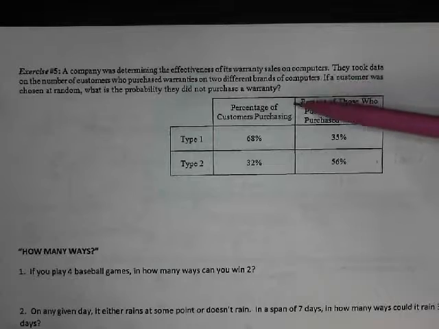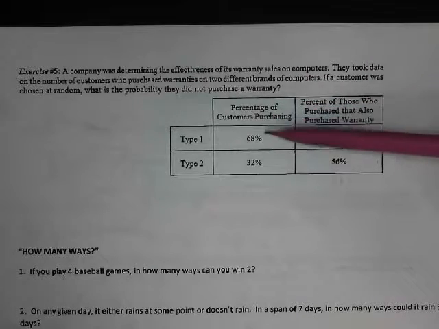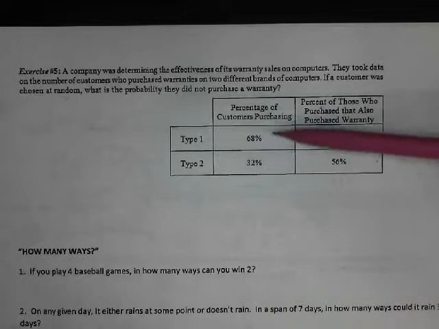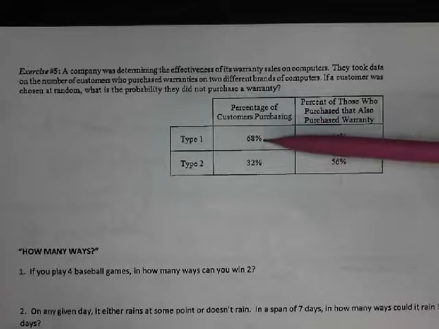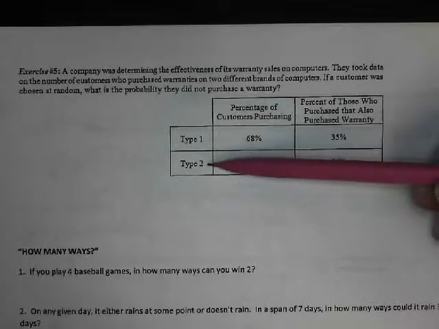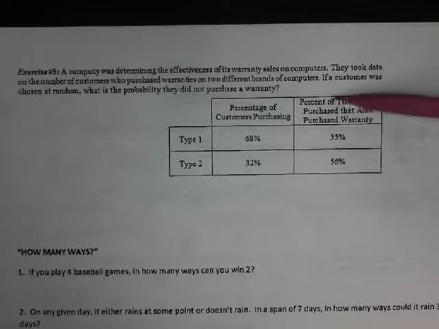We have customers purchasing a computer. Of the 100% that are definitely purchasing a computer, 68% of them are purchasing type 1 and 32% of them are purchasing type 2. Then this is what we have to read carefully as well.